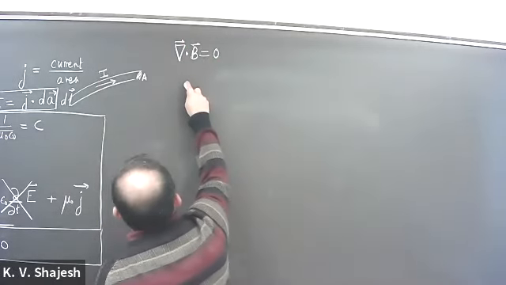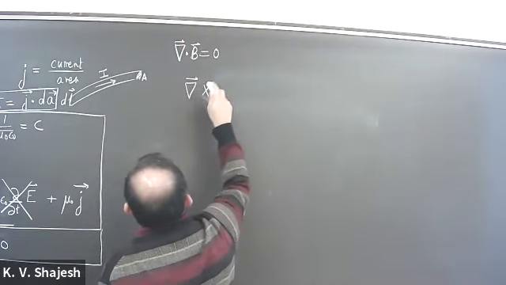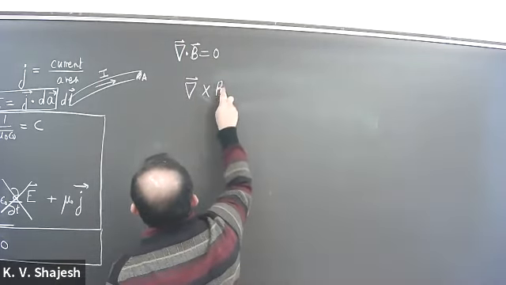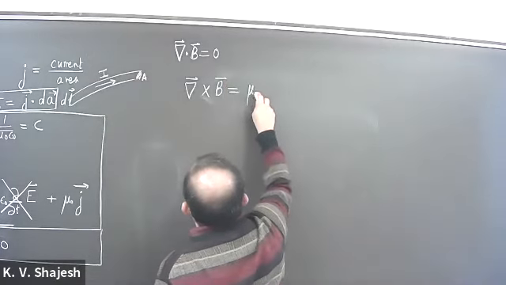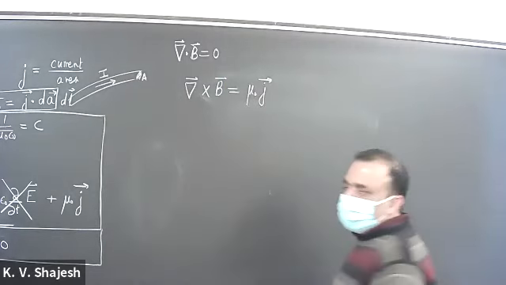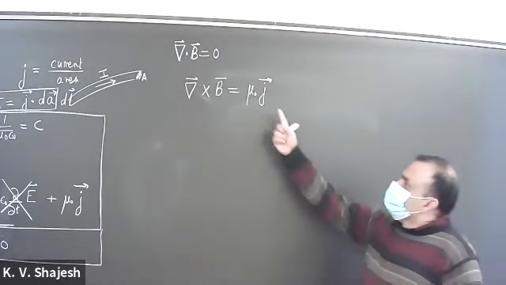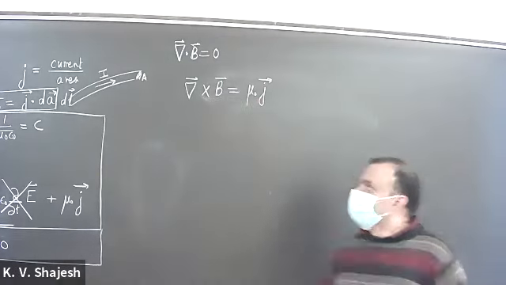And we have another equation, which is what we want to concentrate on now. Curl of B is equal to mu naught J. So J acts like a source of the magnetic field.